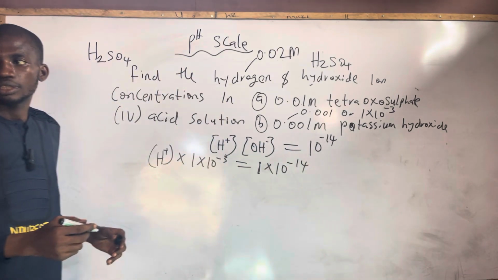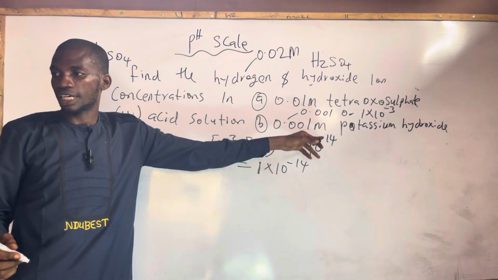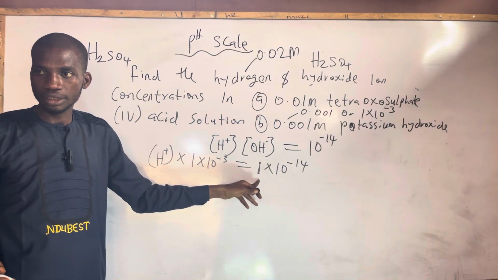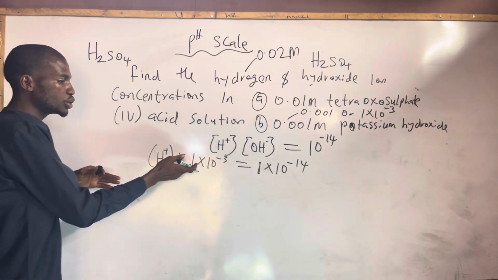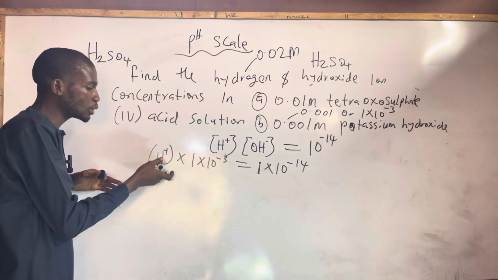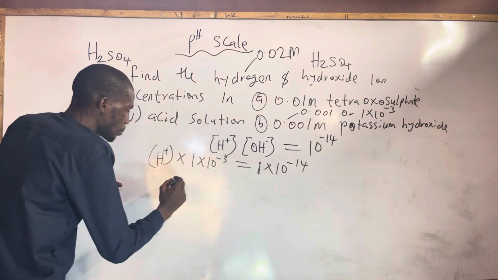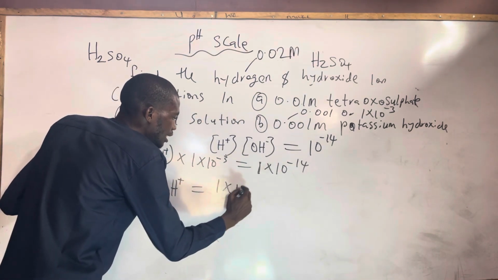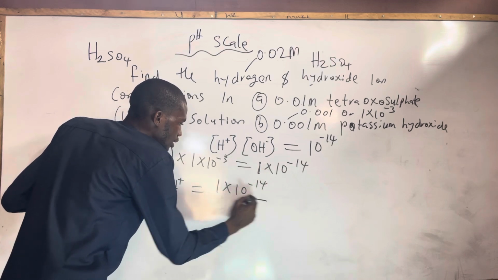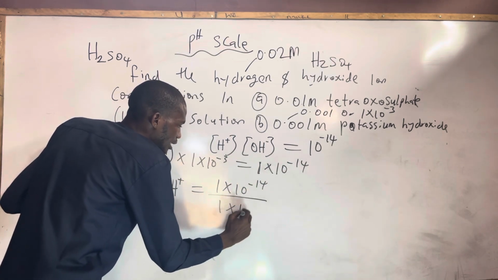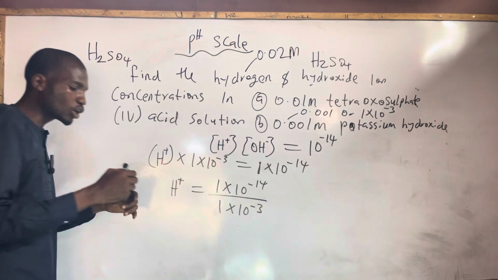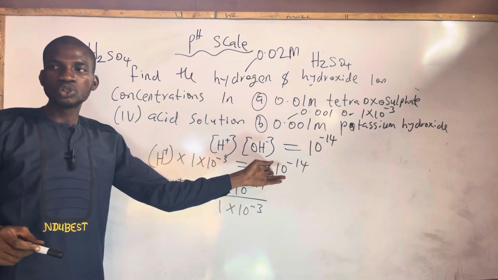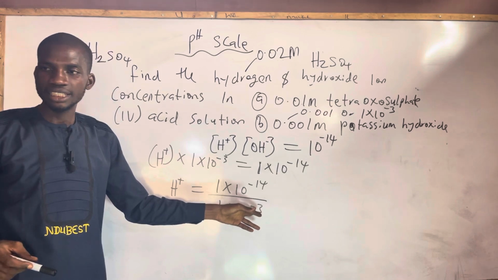They are the same thing. Because this one has 1, you make this one solve by the formula: hydroxide ion equals 1 times 10 raised to power minus 14 over 1 times 10 raised to power minus 3. I have told you that when you want to change this thing up, you change the sign.